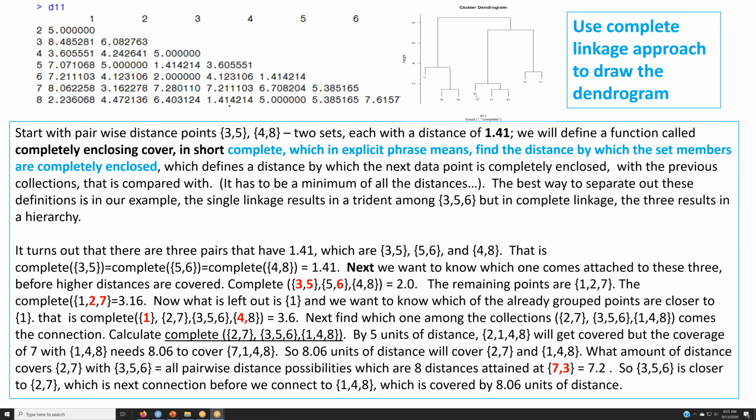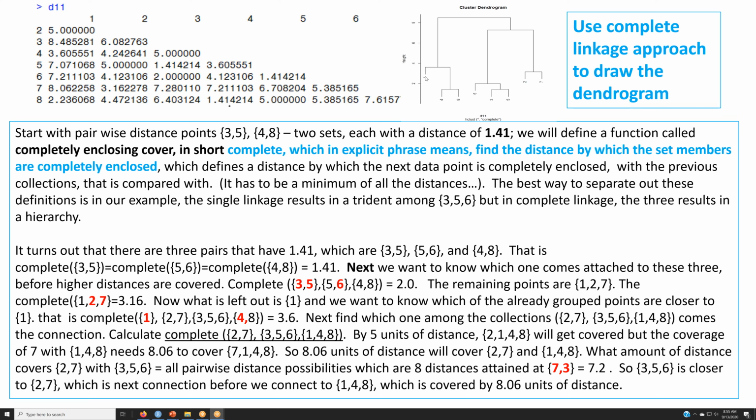Compared to the previous one, let's articulate that point here. Compared to the previous one, I am able to connect these 2 points with 6 when we reach close to 2, and these are already connected. These are getting connected only at 3 point something, a little above 3, nearly 3.6.